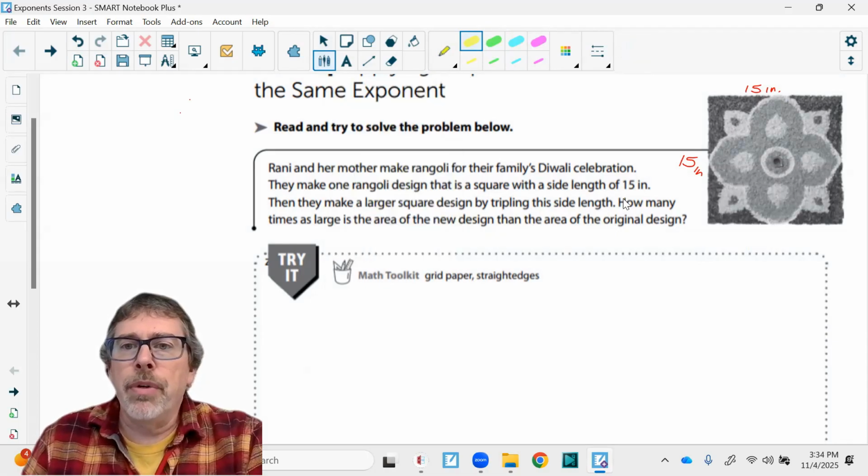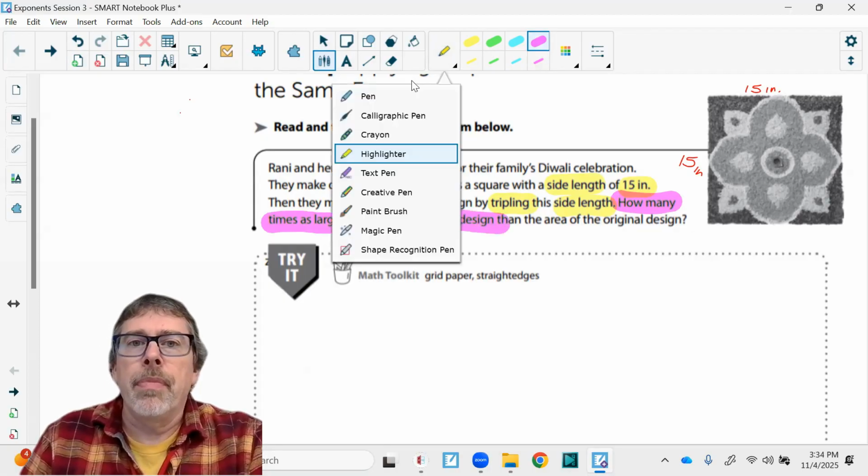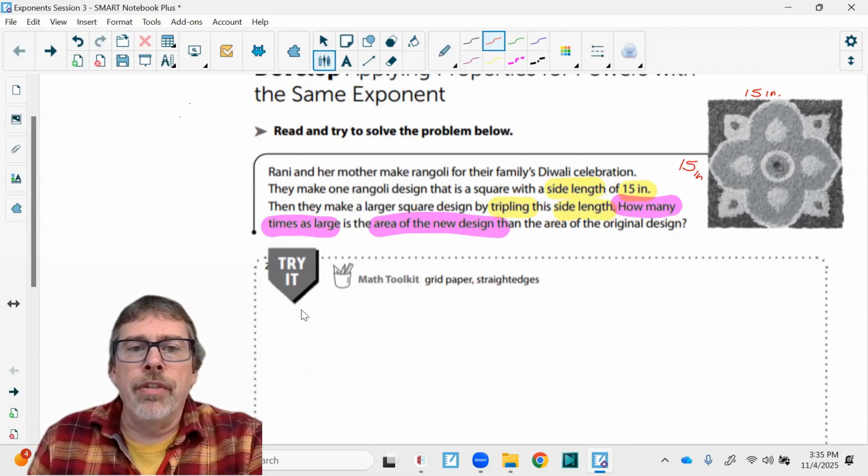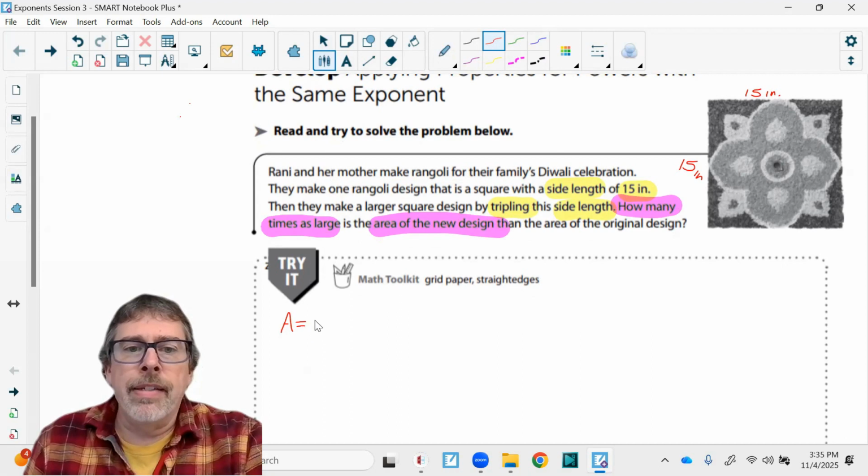Okay, so there's some stuff going on here. 15-inch side lengths. We're going to triple those side lengths, and we need to know how many times larger is the area of the new design. So the first thing I want to do is find the area of the original design. An area of a square is side times side or length times width.